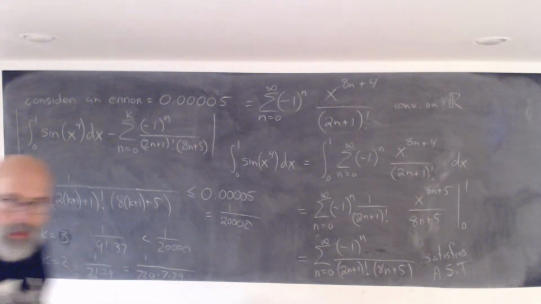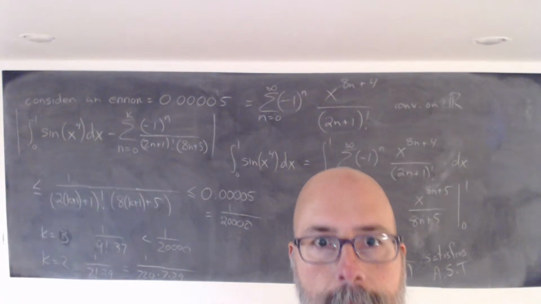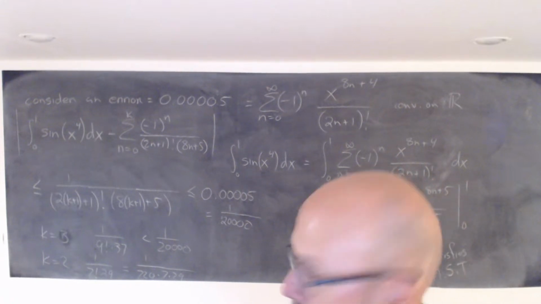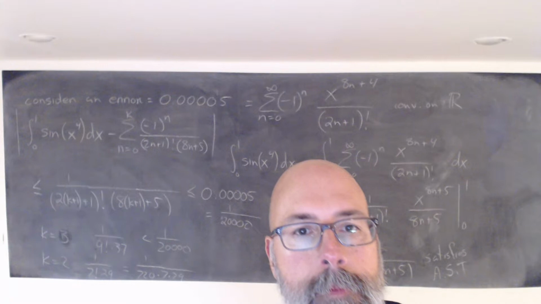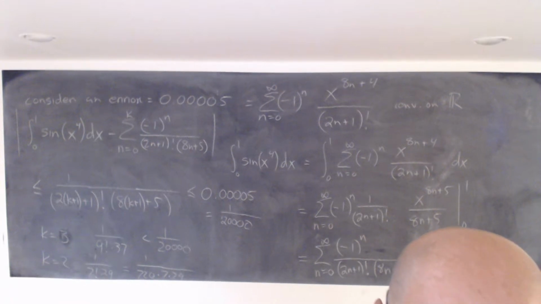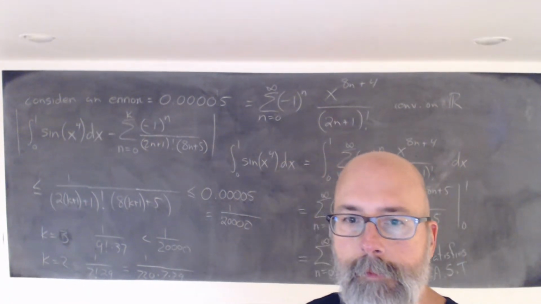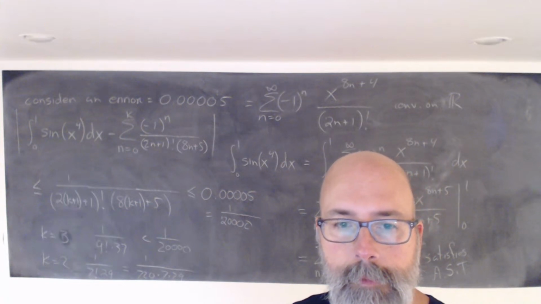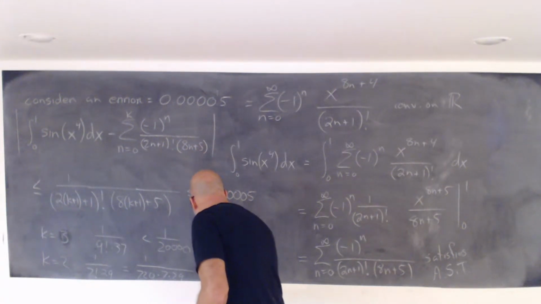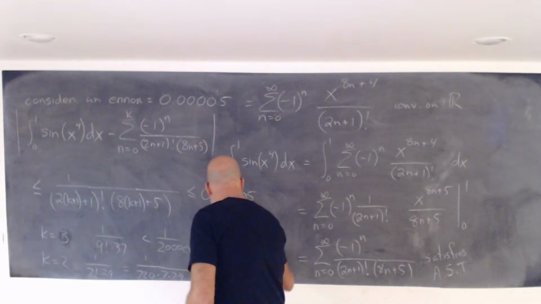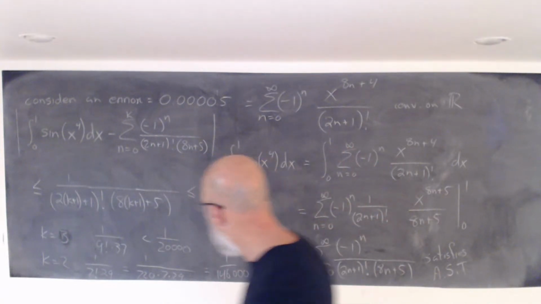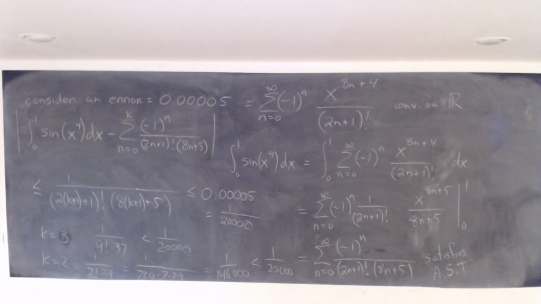Let me check. Yeah, that's 146,000. So that's still less than 1 over 20,000. We're still good. So k equals 1.